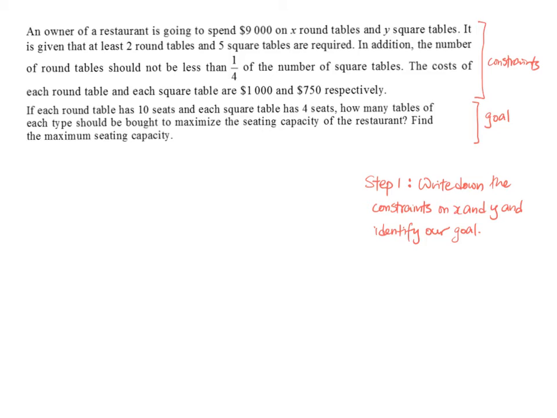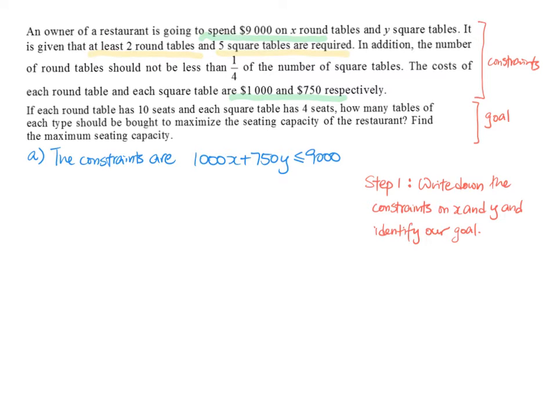What are some of the constraints? The first one, total spending is $9,000. Using $1,000 for each round table and $750 for each square table, our total spending has to be less than or equal to $9,000. That's one of the constraints.